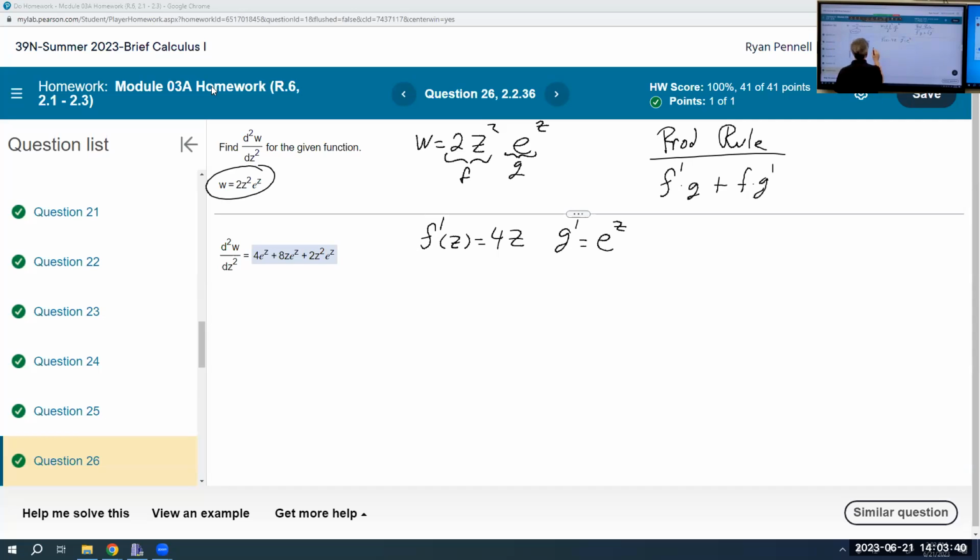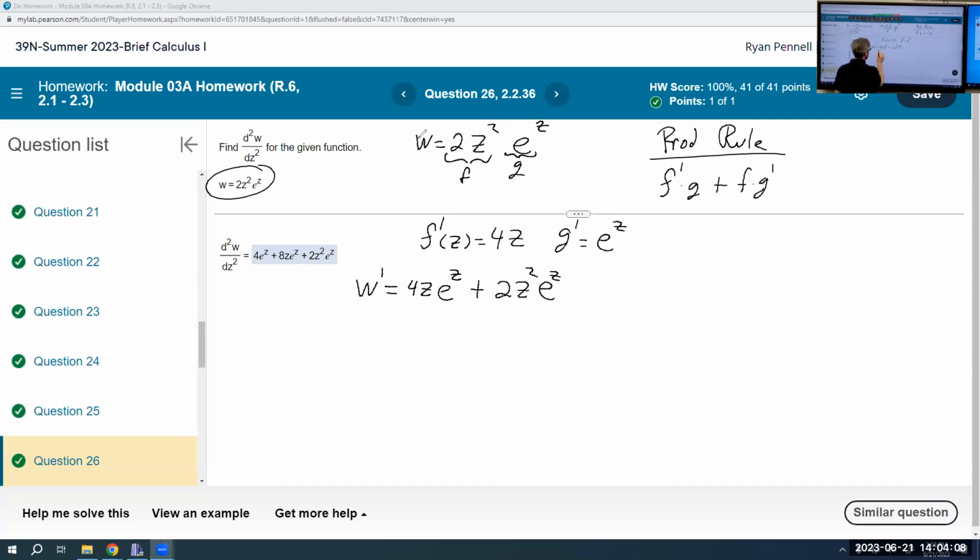All right, so w prime, single prime, is 4z e to the z plus 2z squared e to the z. That's the first derivative. It wants the second derivative. So that means I have to take the derivative of this thing.